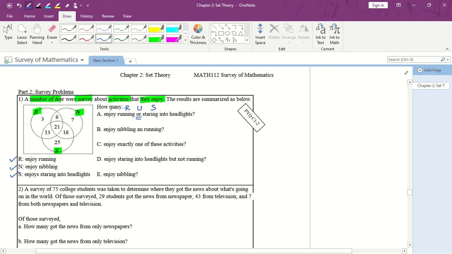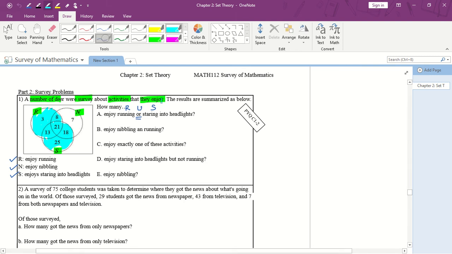Running is this part, and staring into headlights is this part. So now R union S is running or staring into headlights.